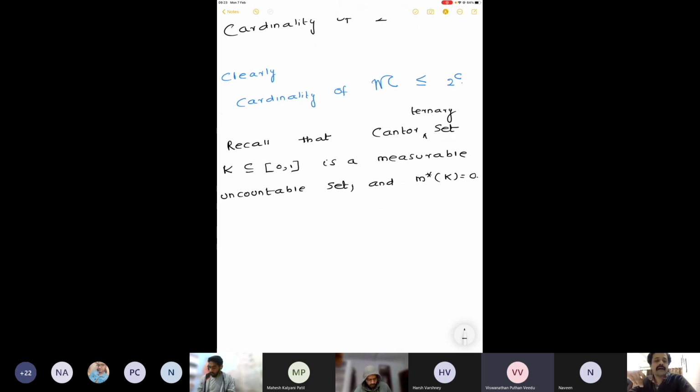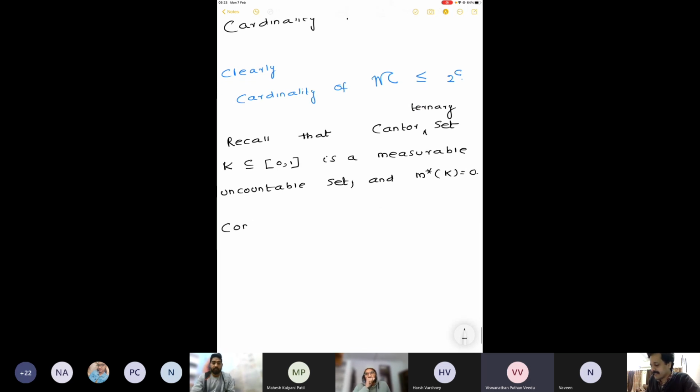Now consider all subsets of K. What will be its outer measure? Again 0. So will it be measurable? Yes.